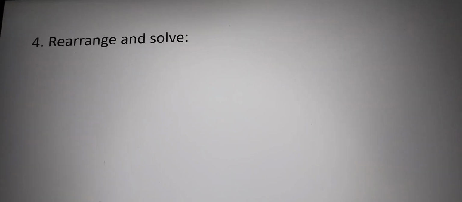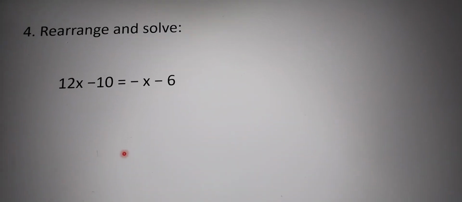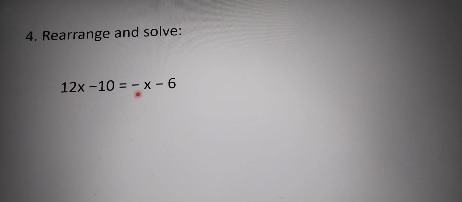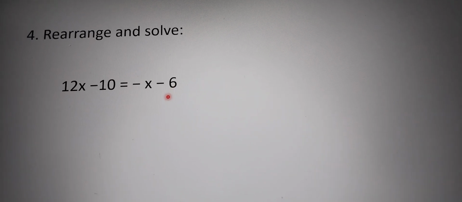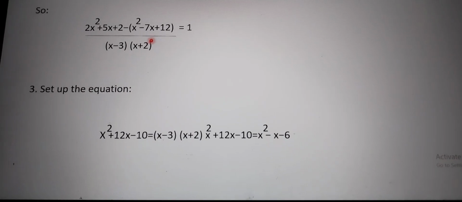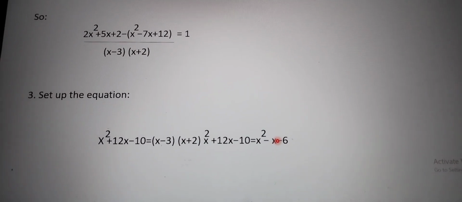which is to rearrange and solve. So when we rearrange and solve, it will be 12x minus 10 is equal to negative x minus 6. After calculating all of them in our previous formula, which has this form, you're going to easily get the answer that has this.